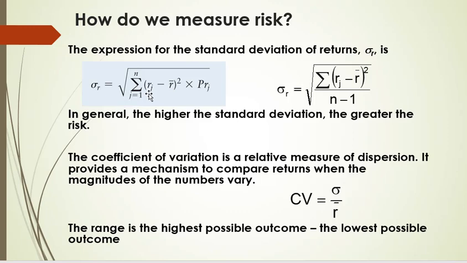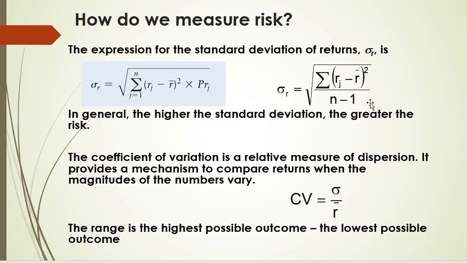And in our example, there are returns for each event. So what is the difference between the return we are going to receive and what we expect to receive, the average return? Then we multiply that by the chance that that difference occurs. So this is very straightforward, the definition of risk.